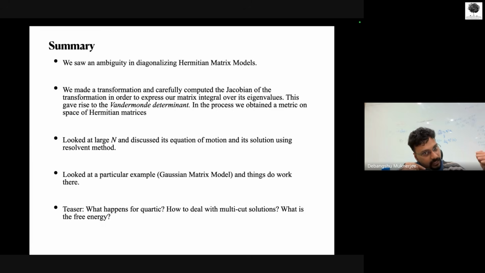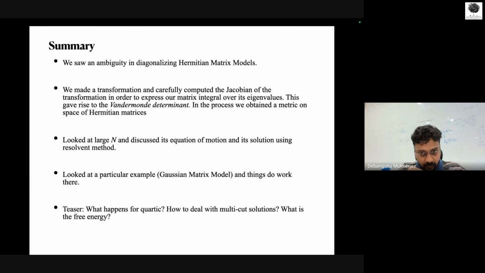We looked at the large n limit. We discussed its equation of motion and its solution using a very particular method called the resolvent method. There are other methods, by the way, also to solve equations of motion at large n. We looked at a particular example, which is the Gaussian matrix model, and we indeed got very nice results.